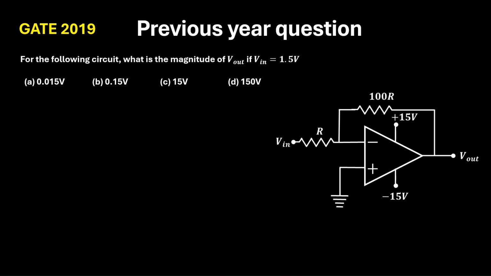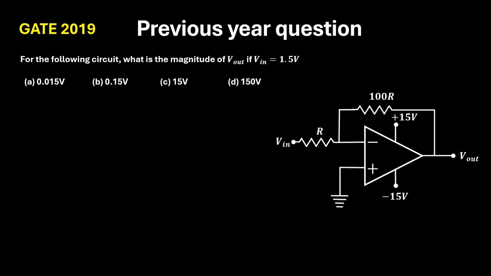This question was asked in GATE 2019. We are given a circuit here. We have to find out the output given the input is 1.5 volt. So the first thing we have to identify is whether it is inverting or non-inverting. Here we can see that the non-inverting terminal is grounded and the input is given here. So this is a closed loop inverting op-amp.